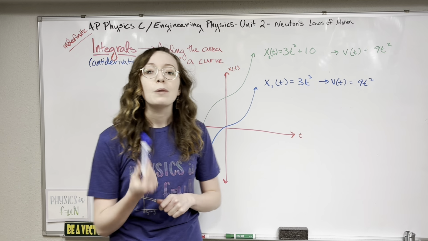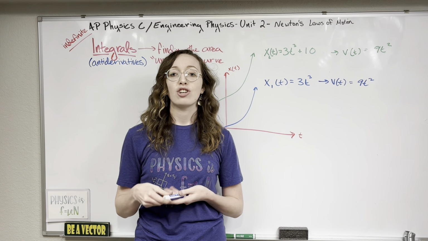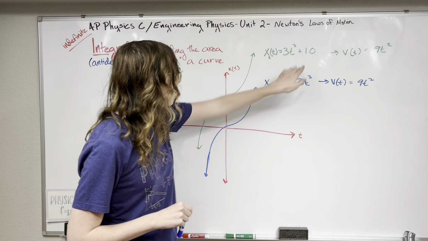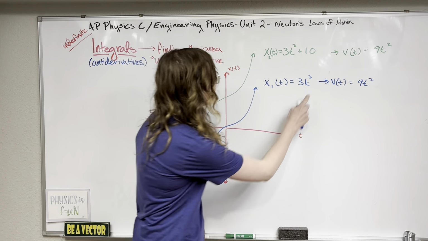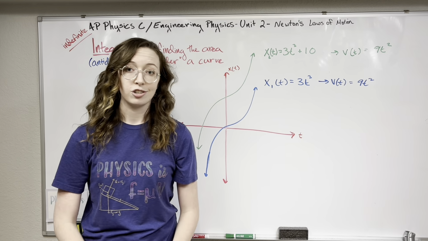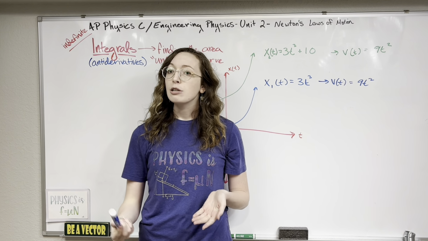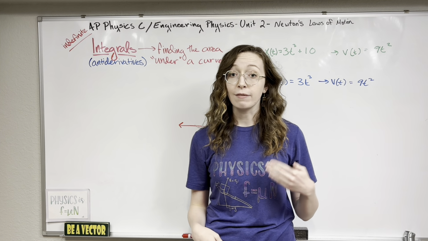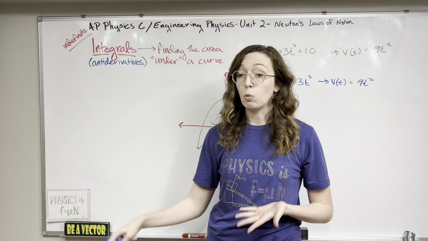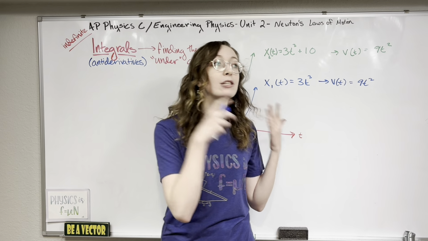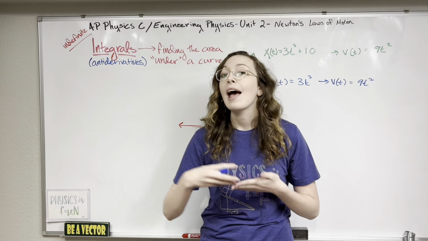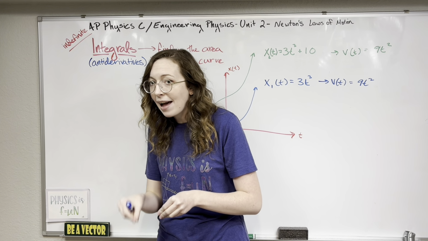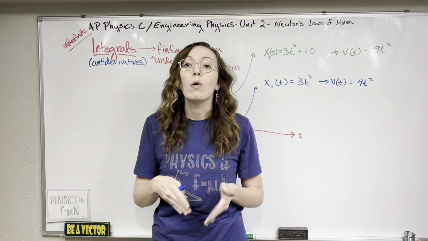But that means whenever we take a derivative, we lose the information about that starting position, about our position at x equals 0, about that constant term that was at the end of both of our original functions. So whenever we take antiderivatives, we have to keep that in mind. We have to remember that whenever you take a derivative, that constant term, regardless of what it was, becomes 0. So if we don't have extra information, we don't have a way of knowing in our original function if we had a constant term added at the end, and if we did, what its value was.